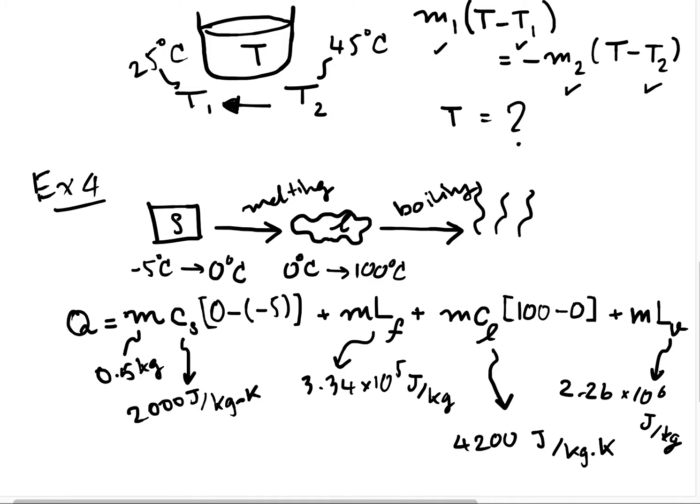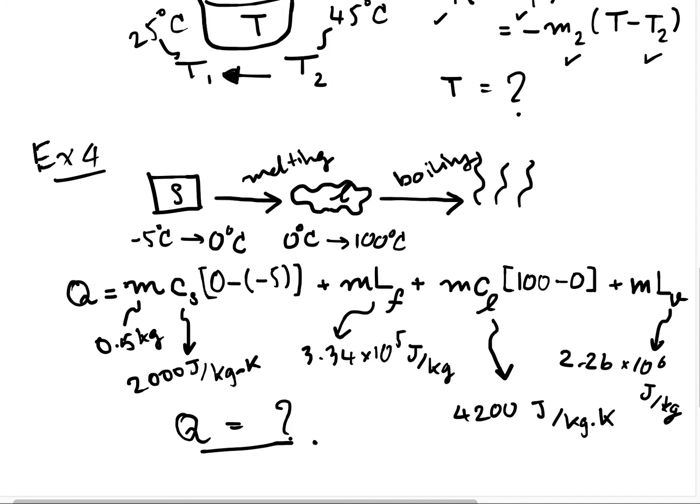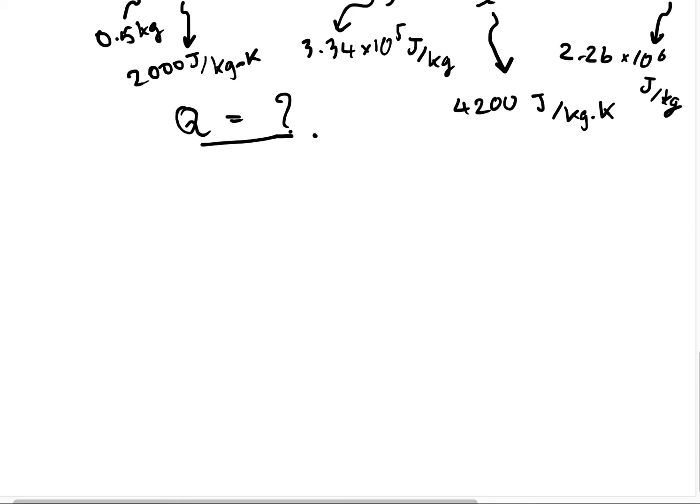Okay, so in this case you should be able to find the total heat, or the total energy you use to melt and to boil the water from -5 degrees into the vapor at 100 degrees. Okay, so this is example 4.